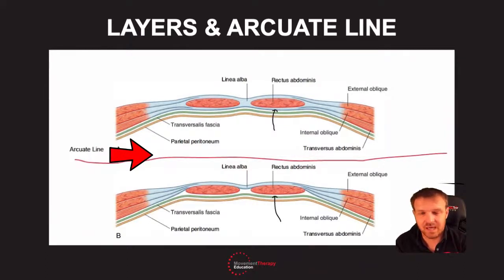If you deal with pregnancy, or well, you don't have to be pregnant to have it, but if you have a distended abdomen, then that can cause a separation of your rectus abdominis. So it will make a little bit more sense with the layers that are affected and the structures that are affected. And also the reason why you might get abdominal hernias. So we looked at inguinal hernias. These are some of the reasons why you might get an abdominal hernia, because of that change in the fascial layers.